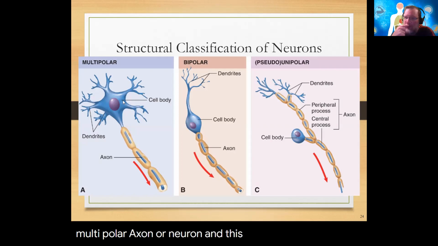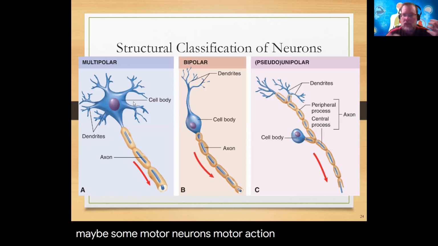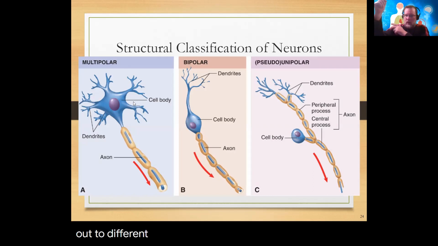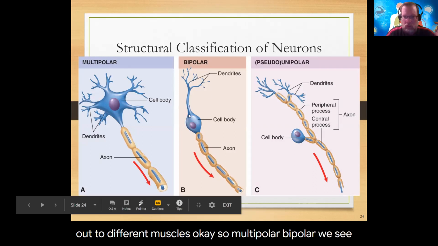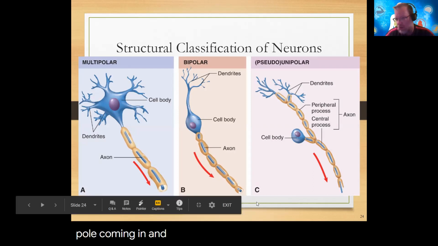And this multipolar neuron is more likely going to be seen in the brain. We might see these when we're talking about some motor neurons, motor action, spread out to different muscles. Okay. So multipolar, bipolar, we see one pole and then another pole. So you've got a pole coming in and a pole going out, and a little cell body.